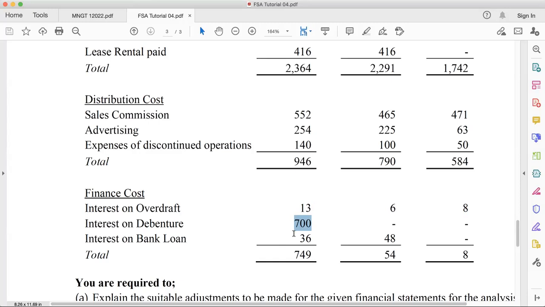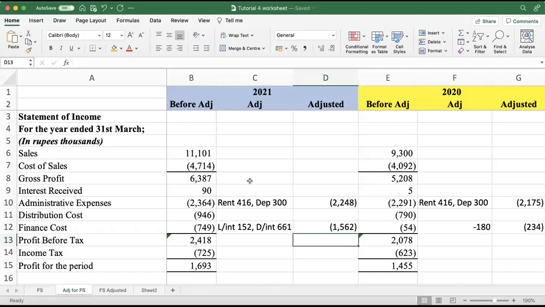Interest should be 661. So you remove this 700 and add 661, because we have added the correct interest.